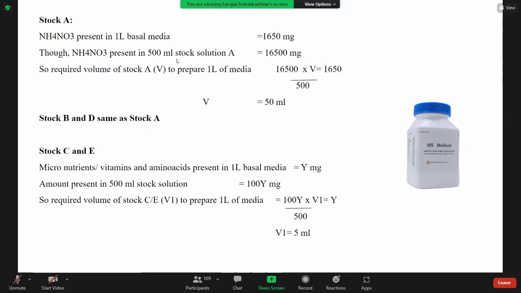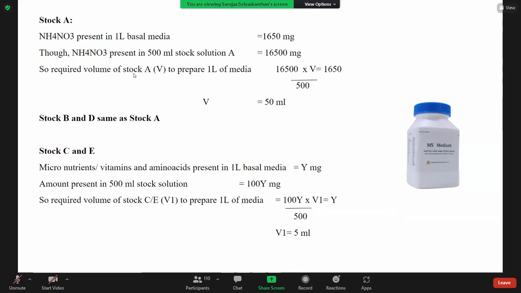In the stock solution, the ammonium nitrate amount is 16,500 milligram, a tenfold higher concentration, dissolved in 500 milliliters of solution. Right? So what is the volume of stock solution we have to pipette out to prepare 1 liter of media? We want to calculate it, right?